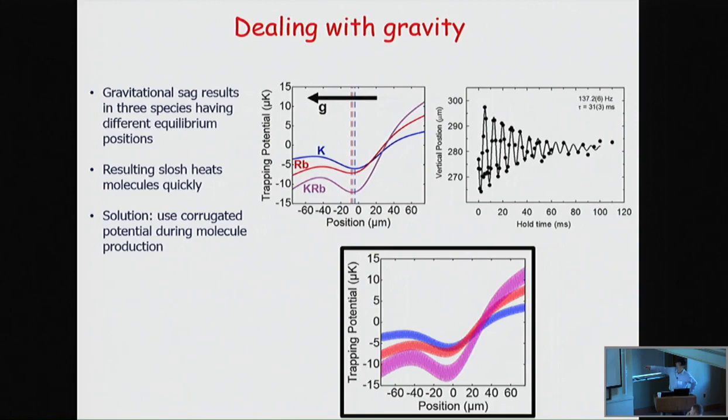When they convert into KRb molecules, the remaining potassium is all blown out. They are all gone, and what's left is just KRb molecules distributed here. It has changed the character: rubidium started as a boson, KRb is a fermion, and that's just distributed in this dipole trap here.